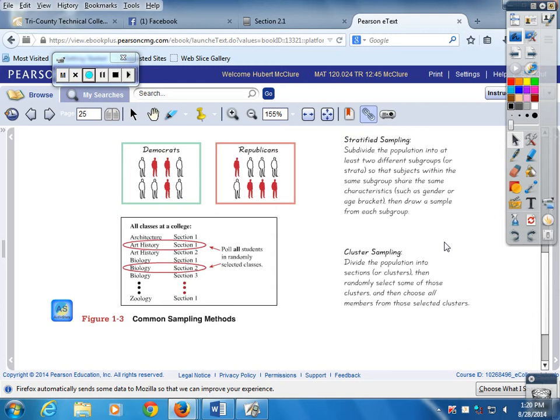So that's what a cluster is. You break a group into two groups, and then they naturally break themselves up into groups. Not a big deal. I don't see too many test questions coming out of a cluster sample. But just in case it algorithmically generates one, you'll know what a cluster sample is versus a stratified.